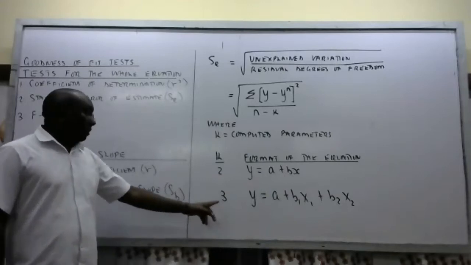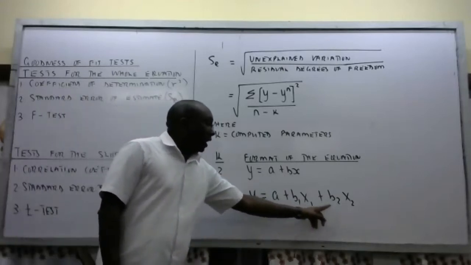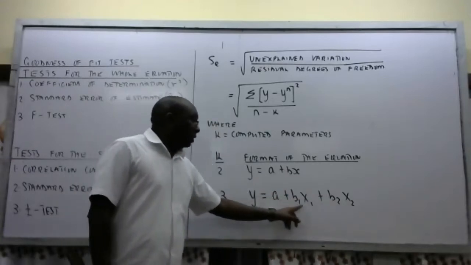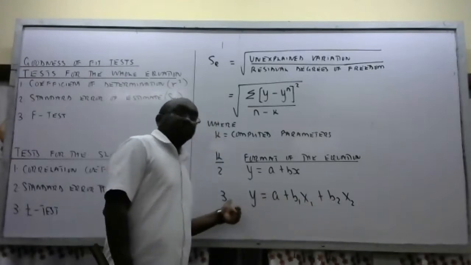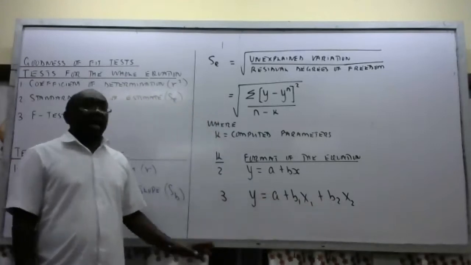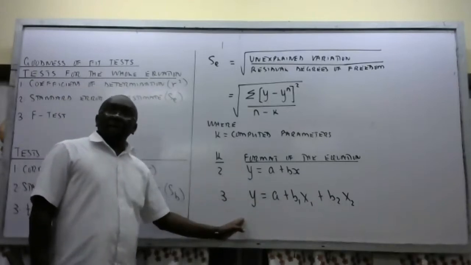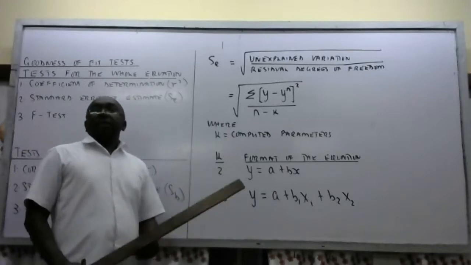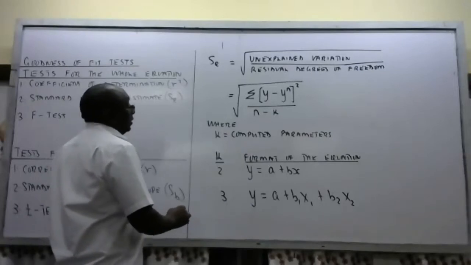For an equation like this, you'll be given the values of y, x1 and x2, and use them to find a, b1, b2. That's why you have 1, 2, 3. So once you know k, you should be able to know the format of the equation, or once you know the format, you should be able to get k.